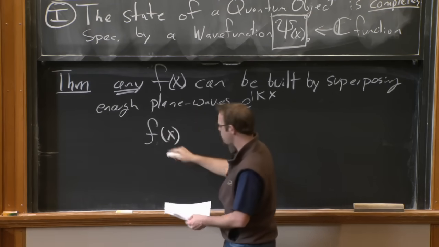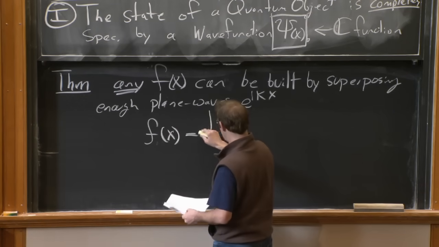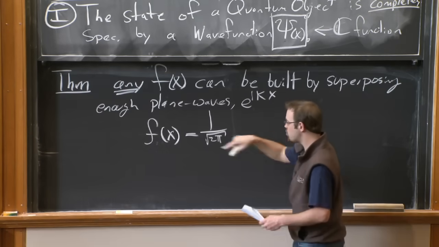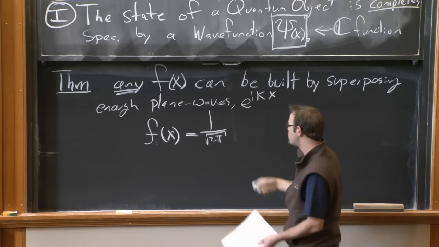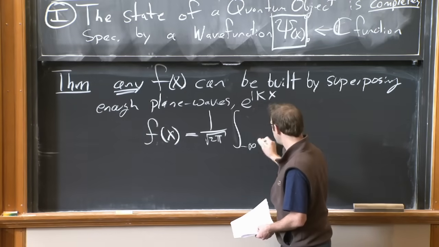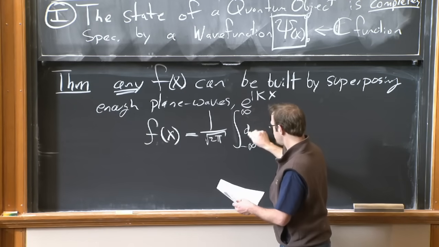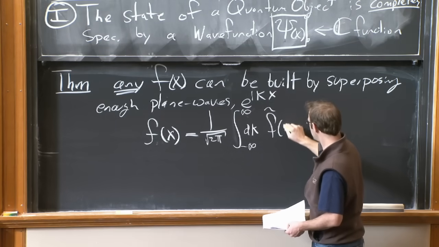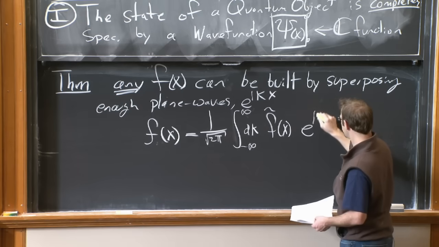So f of x, any function f of x can be expressed as 1 over root 2 pi. And this root 2 pi is a choice of normalization. Everyone has their own conventions, and these are the ones we'll be using in 804 throughout. Integral from minus infinity to infinity dk f tilde of k e to the ikx.